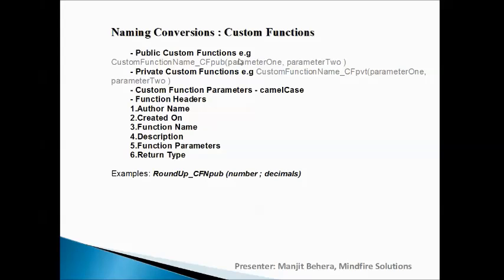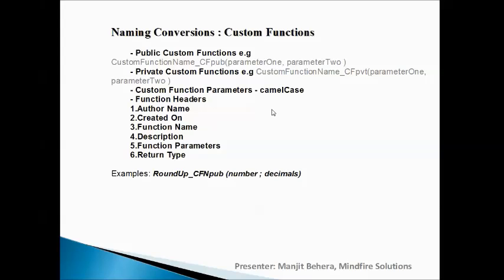To notify public or private, we usually have a three-letter suffix: pub for public and pvt for private. And cf is to notify the custom function, which is headed by the function name, underscore cf, then pub or pvt.